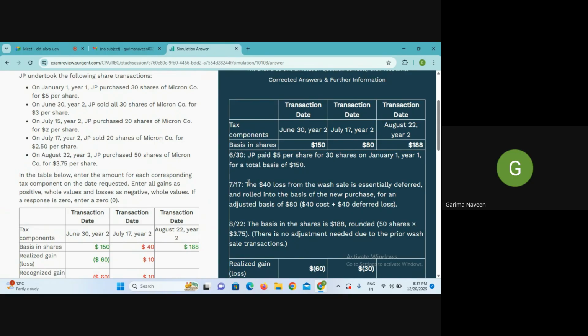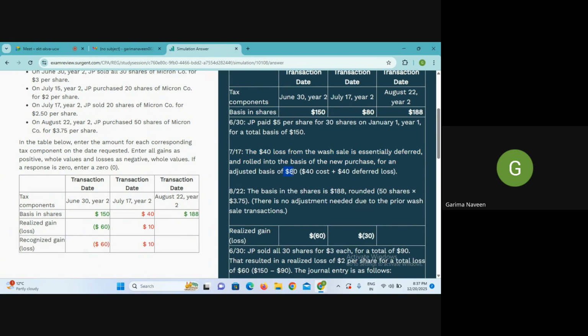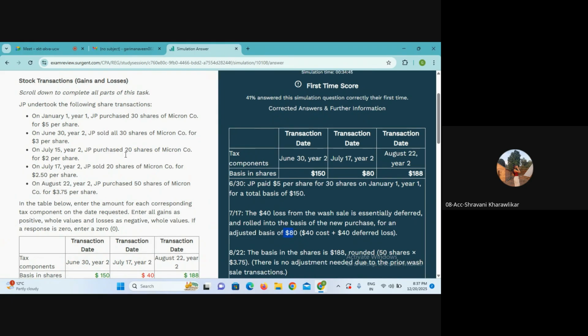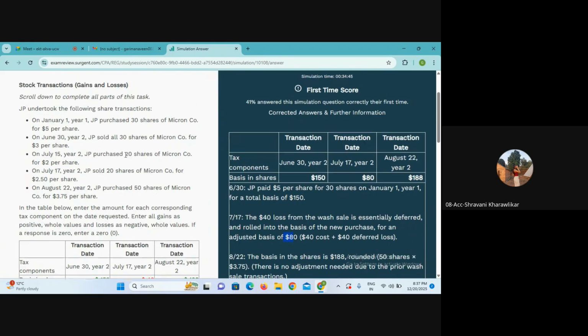The $40 loss from wash sale is essentially deferred and rolled into the basis of the new purchase for an adjusted basis of $80. So 40 that we calculated and 40 from the loss that was carried forward. So 40 plus 40, that would be 80.